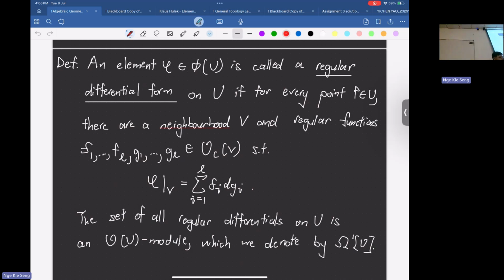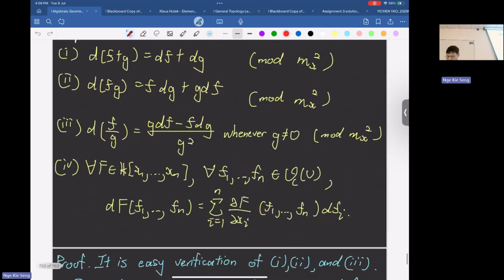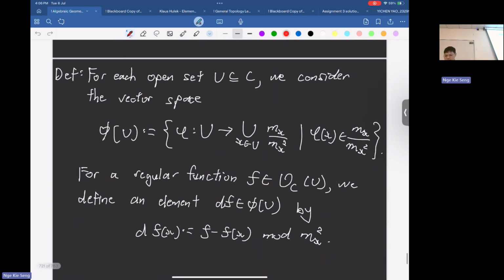The differential is the differential form, but last time we defined this in an algebraic way. If we want to define what a df is here, we just take f minus f(x) mod m_x squared. Okay, so this is the algebraic version of the differential form.